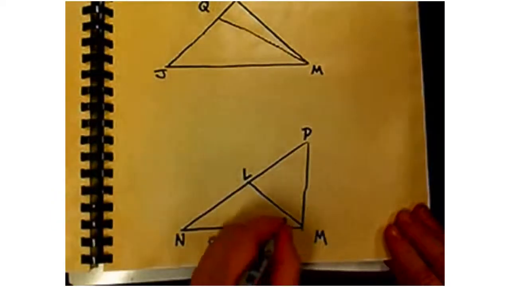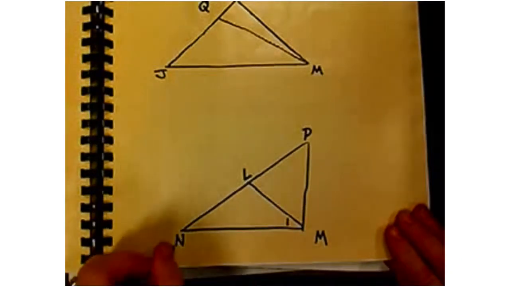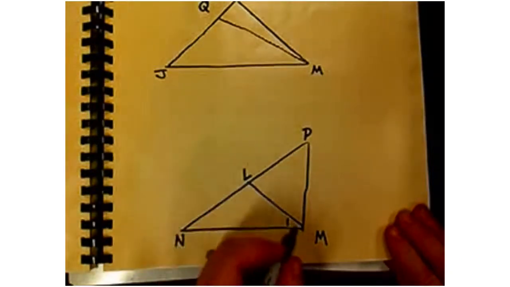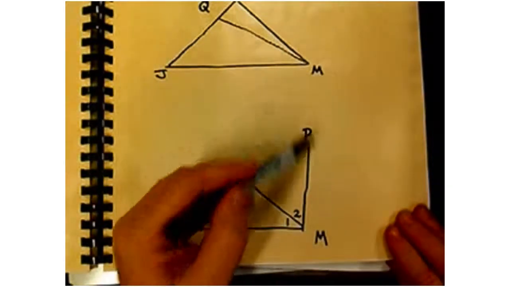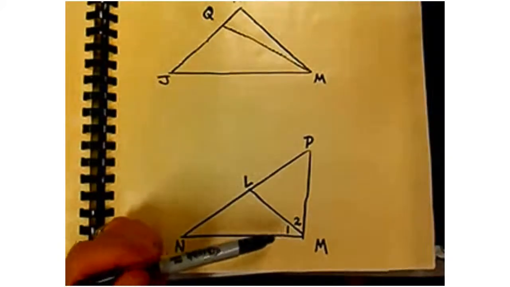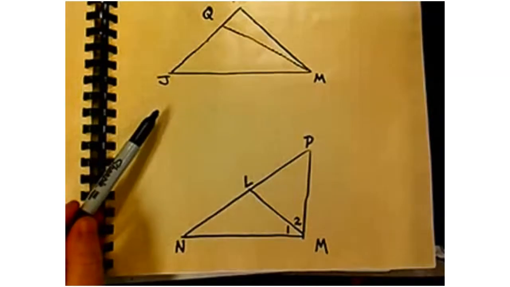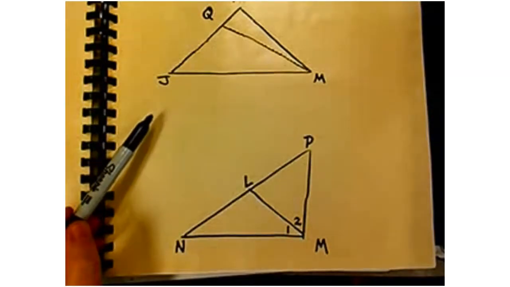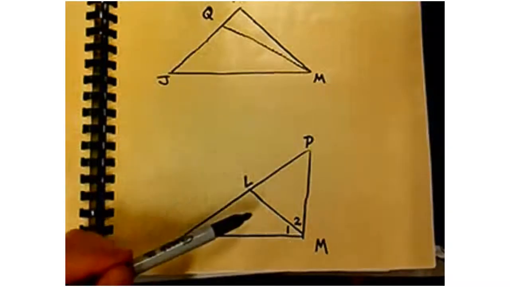And there is an angle indicator 1 at vertex M for the angle NML, and there's an angle indicator 2 at PML. So we're noticing that angle M is getting split up into two angles, angle 1 and angle 2. They're saying in writing that in triangle PMN, ML is an angle bisector.